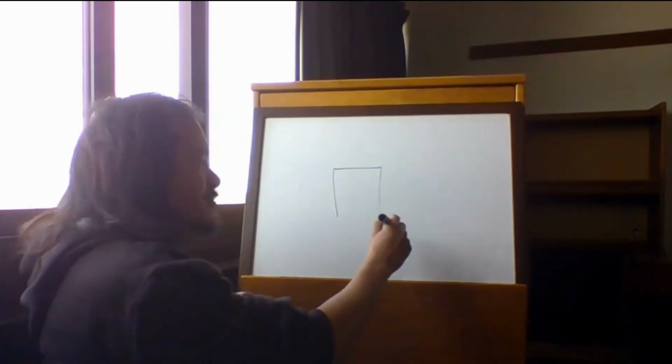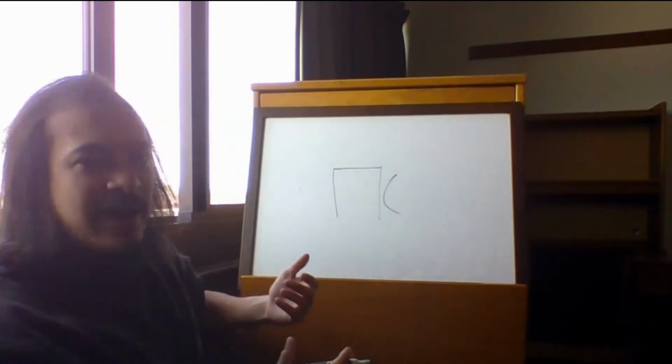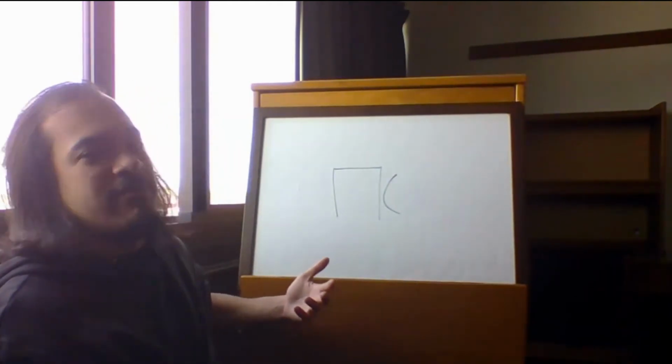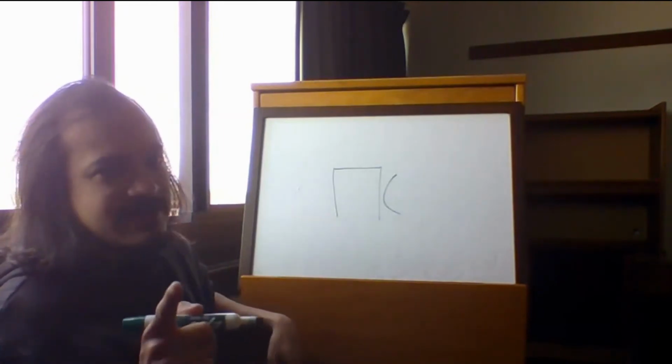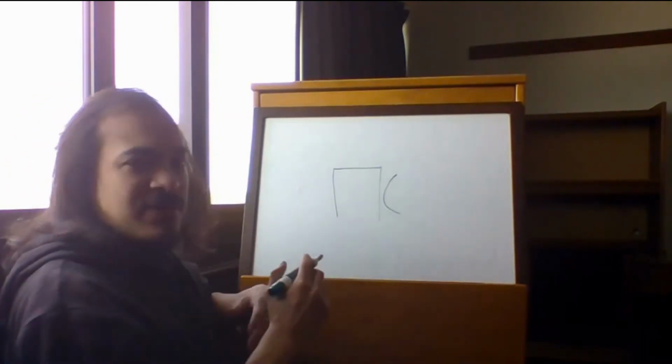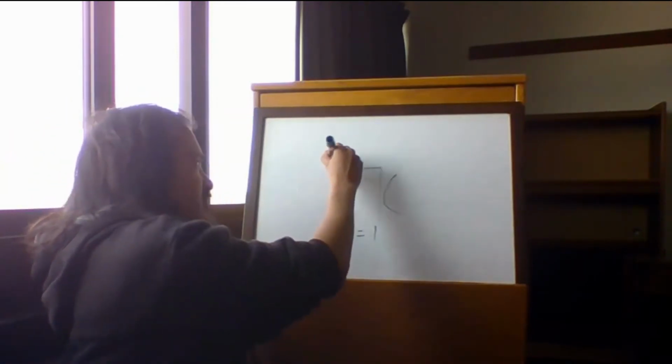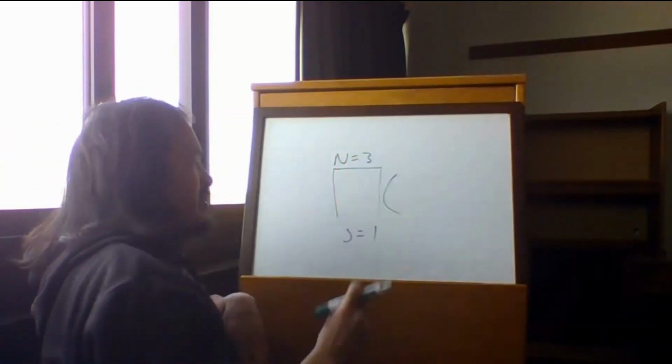And so for pi, this is going to be repeated multiplication. And what is repeated multiplication? I bet you already know the answer, and we're going to get there. So with this right here, let's say j equals 1 and n equals 3.